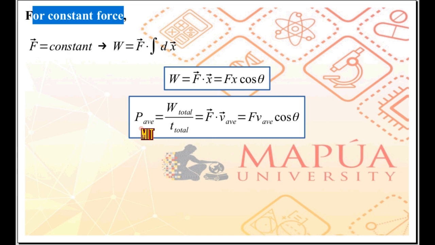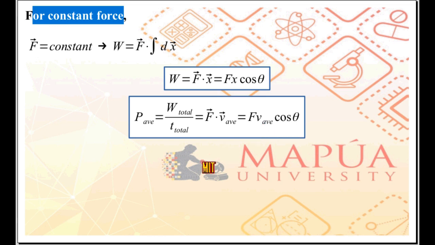So average power is also equal to F dotted with average velocity, in addition to total work divided by total time. That product, by definition, F dotted with V average, is equal to the magnitude of F times the magnitude of average velocity times cosine of the angle between F and V average.